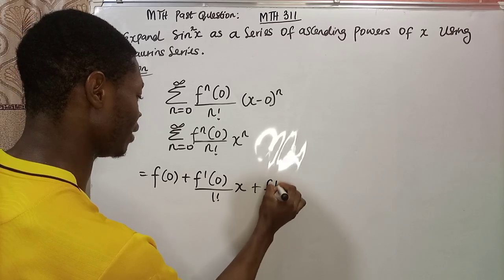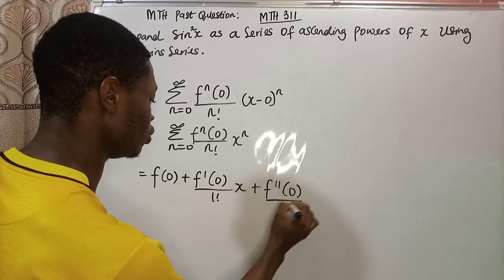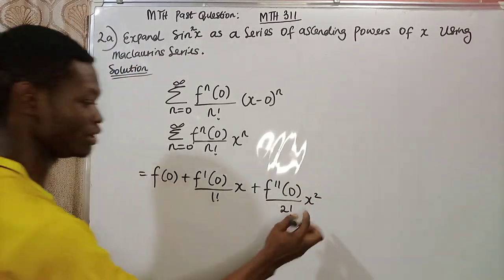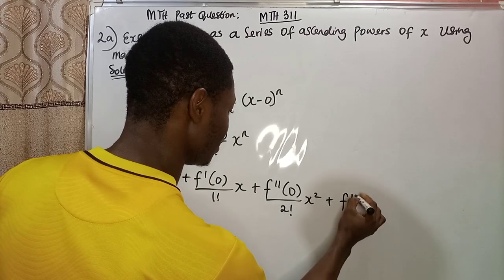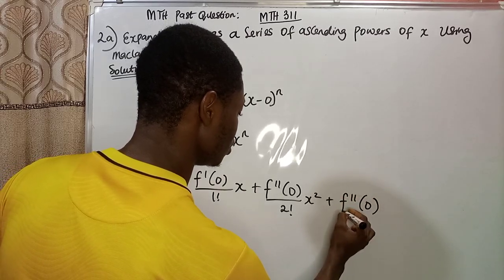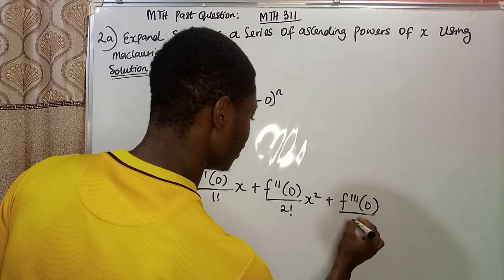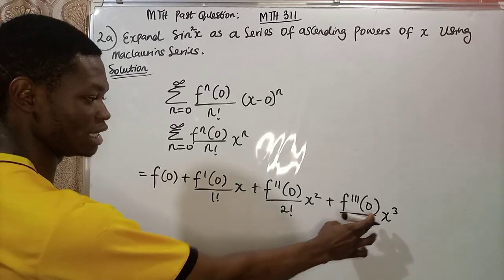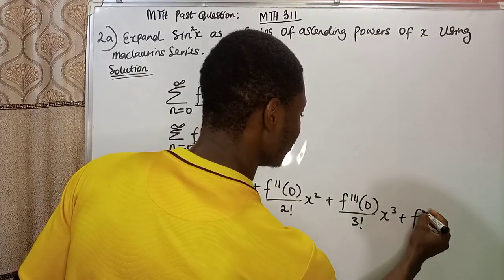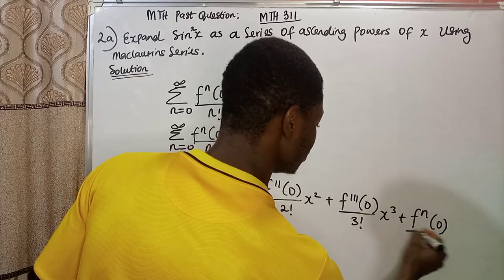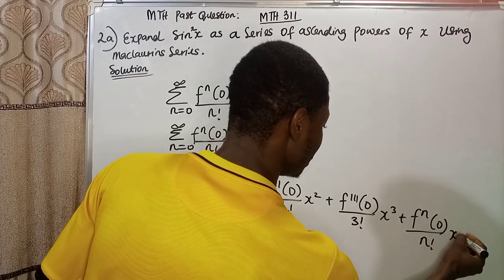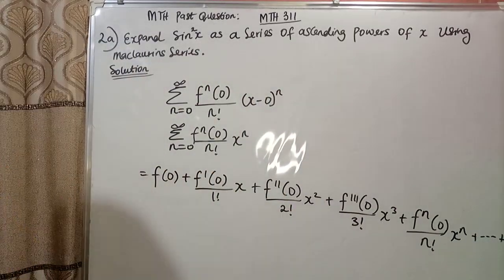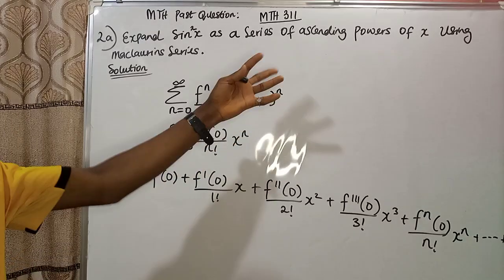Then you have f double prime of 0 all over 2 factorial x squared. This is the second derivative, plus f triple prime of 0 all over 3 factorial x cubed. This is the third derivative, plus f^(n)(0) all over n factorial x raised to the power of n, till infinity. So this is the formula for the equation.